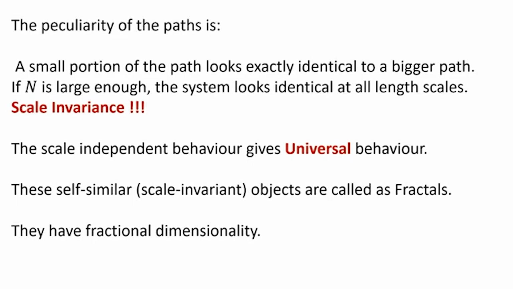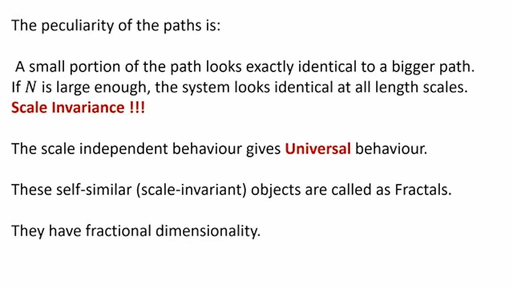So, if you look at 5 spins, or 5,000 spins, or 50,000 or 5 million, it really does not matter, they all look the same. That is called scale invariance, and this scale independent behavior gives a universal property, which is called universality of the system, which will be discussed when we talk about phase transitions.